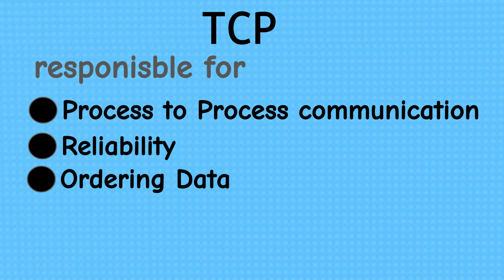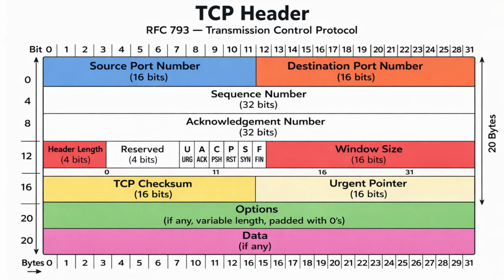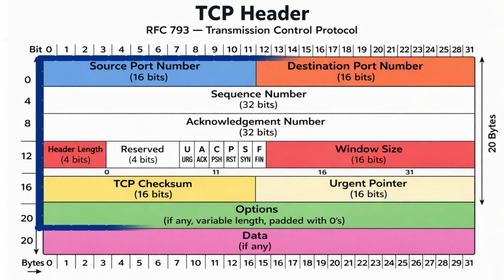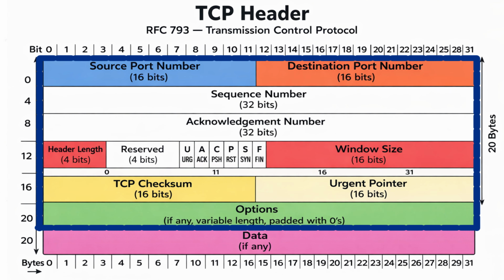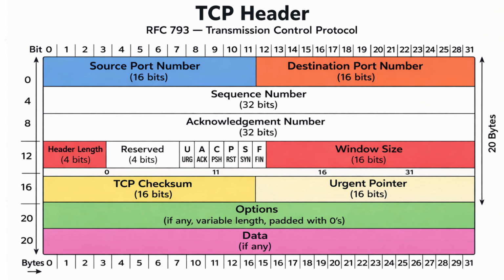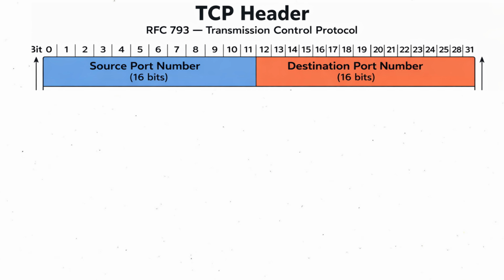To do this job, TCP attaches its own header in front of the actual data. This TCP header sits in front of your data and tells TCP how to manage the connection, how to order the data, and how to make sure nothing is lost. Let's start with the most important fields: ports. At the very top, you see the source port and destination port.